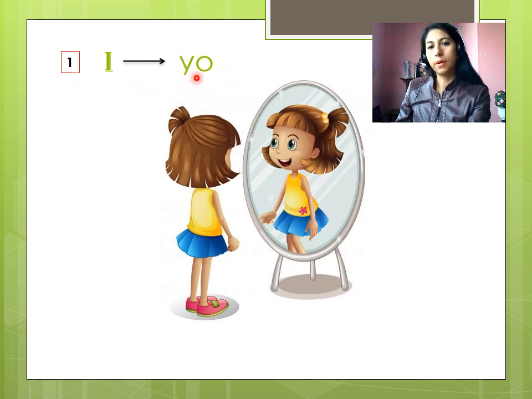As you can remember, it means yo in Spanish. So, let's check this picture. The girl is watching in a mirror. Yes, she's watching herself in a mirror. So, this picture is referring to the subject I.